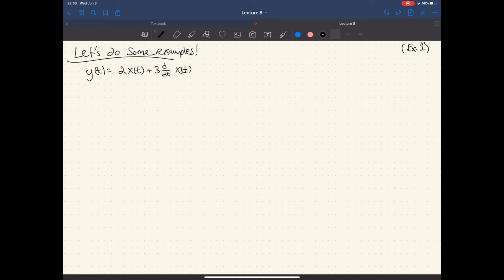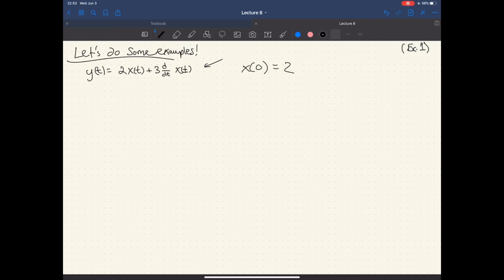All right, let's see what we use for an initial condition. Okay, so this is our ordinary linear differential equation. And I'm going to give you guys this initial condition: at 0, x is equal to 2.